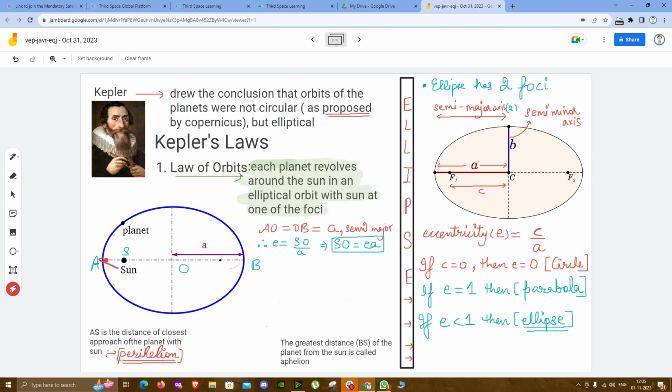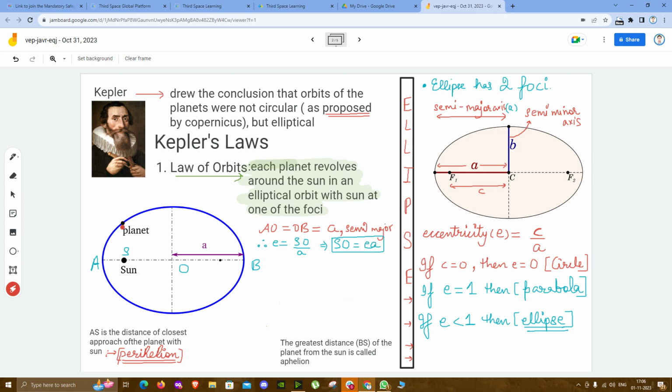These both are the semi-major axis, which is equal to A. Now, what will the eccentricity be? Eccentricity will be SO divided by A, the semi-major axis. So you can find the value of SO. SO will be EA.